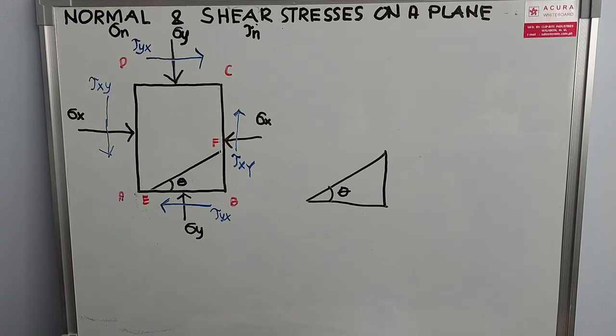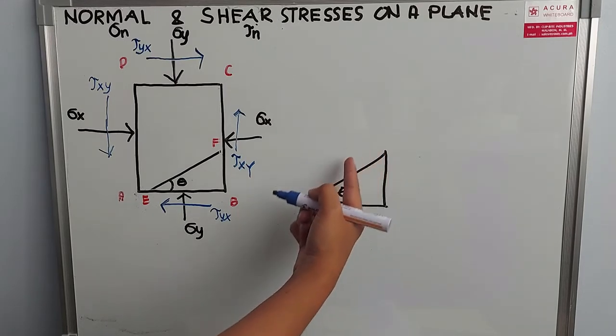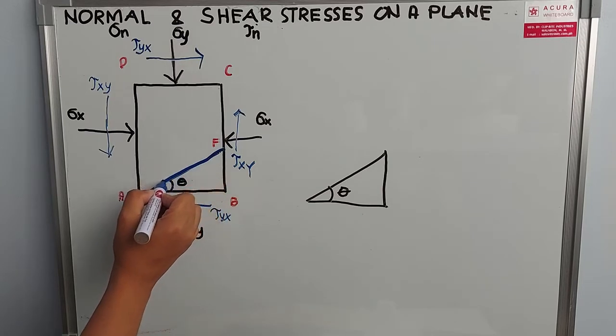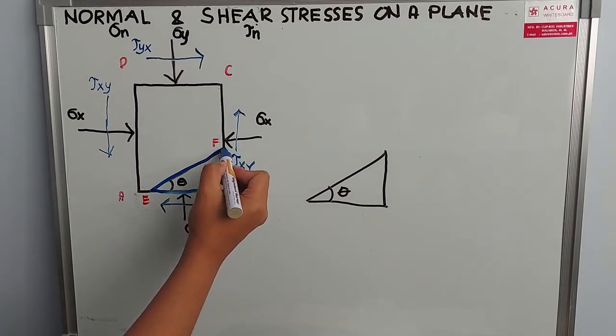So next is to consider this free body diagram. So this figure you see here is this part. We just transfer it out for us to be able to analyze it.